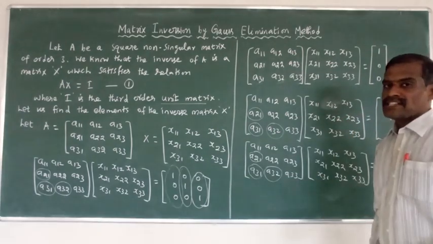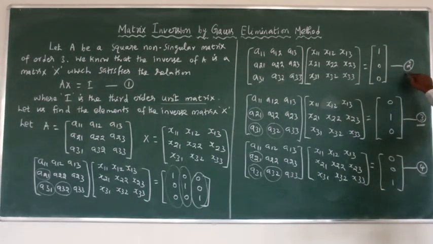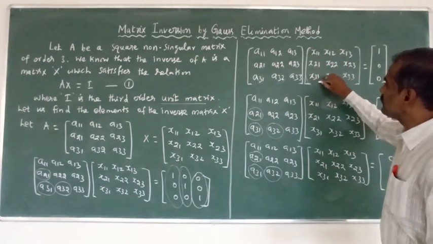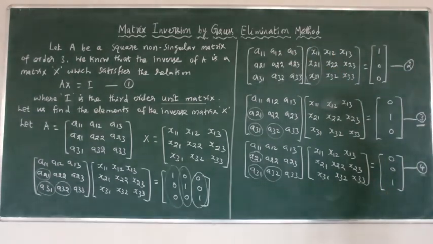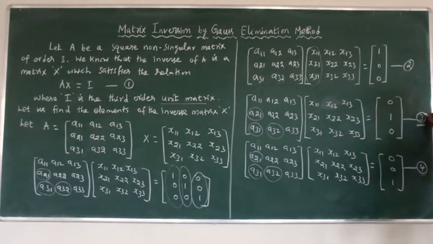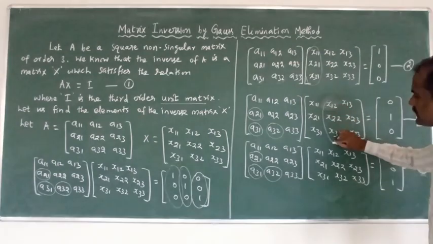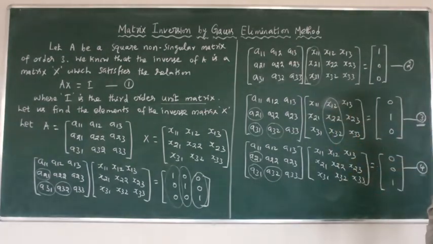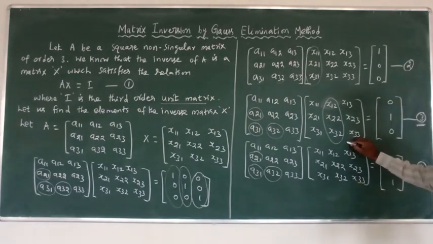Using the second equation, we can get the values of these three. Then from equation 3, we can get these three values. From equation 4, we can get these three values.